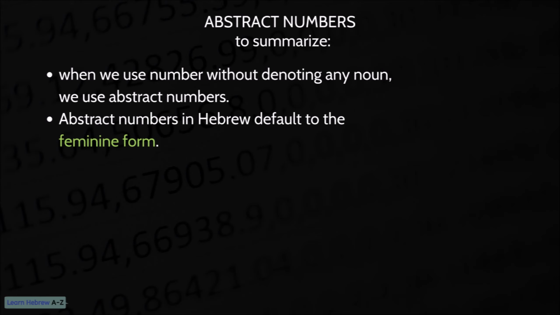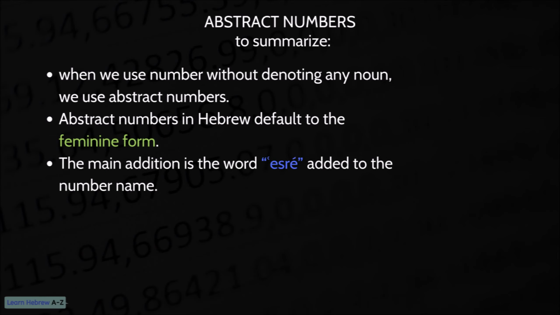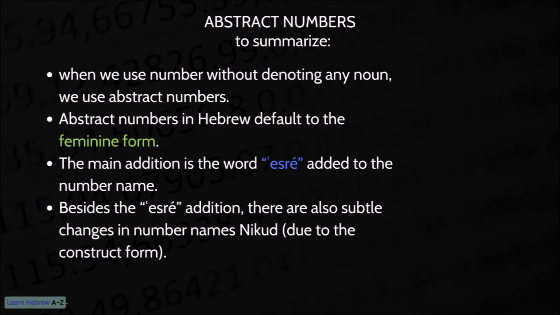Abstract numbers in Hebrew default to the feminine form. The main addition is the word esre, added to the number name. Besides the esre addition, there are also subtle changes in number names, nikud, worth noticing in the numbers 17, 18, 19, etc.